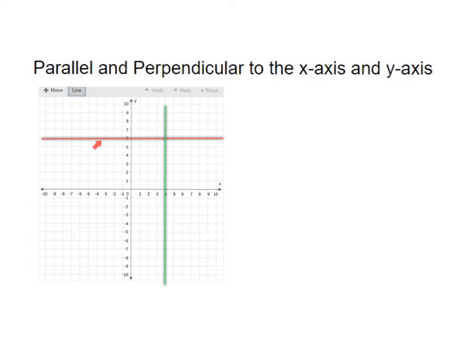Now, the first thing, let's remember what is the slope of a line that is horizontal? Okay, let's remember the mnemonic that we use to help us remember that. Remember HOY, H-O-Y. And then we also had VUX.